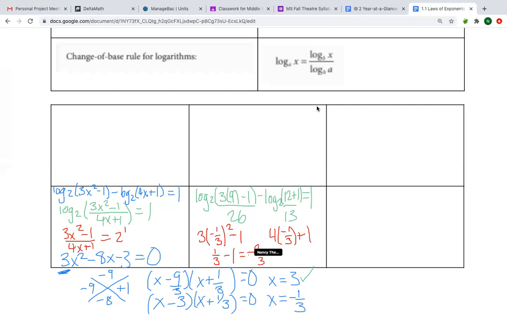And right off the bat, because that's negative, I know that this term doesn't work. But just for funsies, we can look at the second one. We would have negative 4/3 plus 1/3, which is negative 1/3, which also doesn't work. So my only accurate answer is 3. Negative 1/3 would not be an appropriate one, because it breaks that rule about negative numbers or 0 numbers.